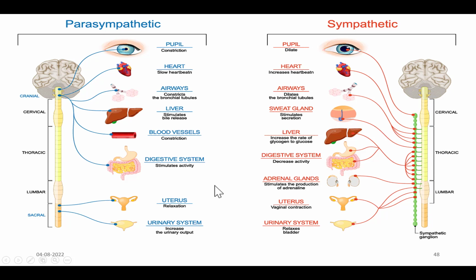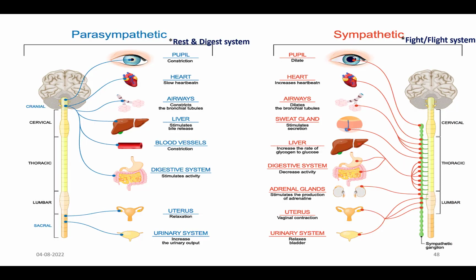Did you understand? Now, both these systems have the same function. They control involuntary actions of the body, but they get activated in different situations of our body. So what are those situations? When we are under stress, that may be physical or mental stress, or in any threatening or frightening situation, then the sympathetic nervous system gets activated.